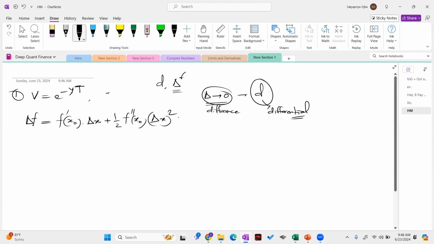So right now the yield is, let's call it y, and yield changes by a small amount delta y. What will be the change in value of the bond?